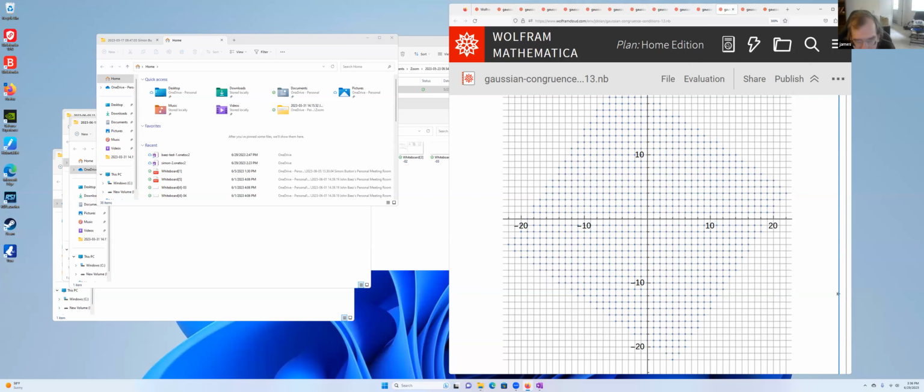What this is, is the way that Mathematica depicts the quotient ring, Gaussian integers modulo 9 times that prime, 9 times 2 plus 3i.